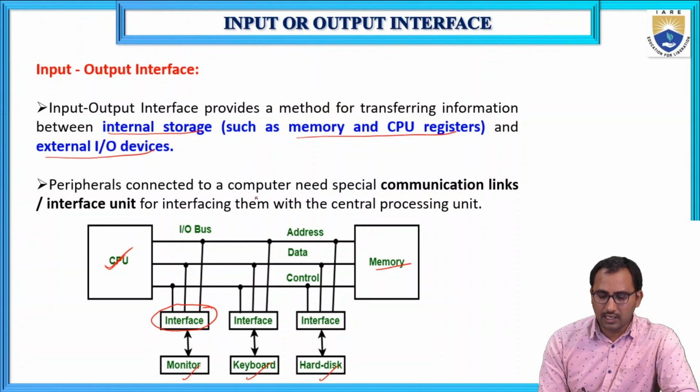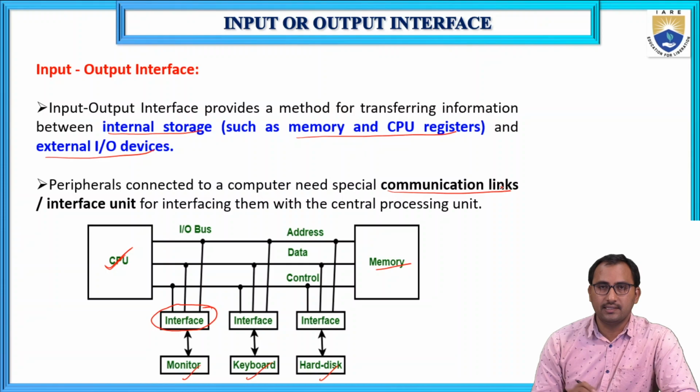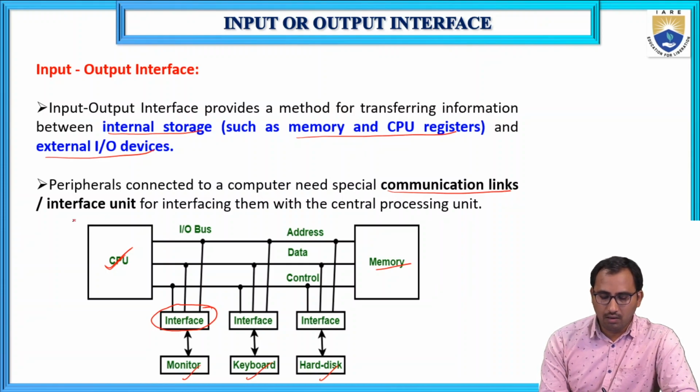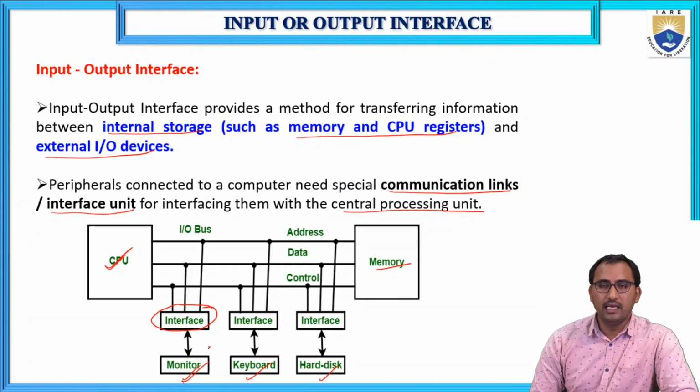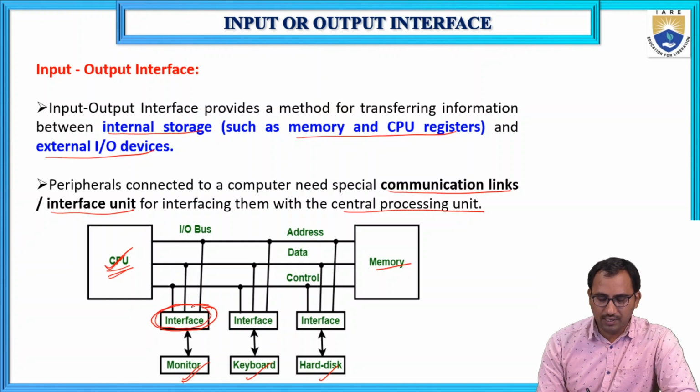Peripherals connected to the computer need some special communication links or interface unit for interfacing them with the central processing unit. So that's why we need an interface unit.